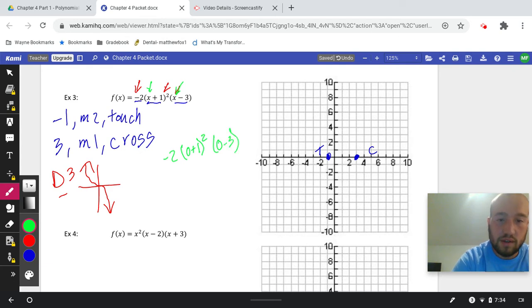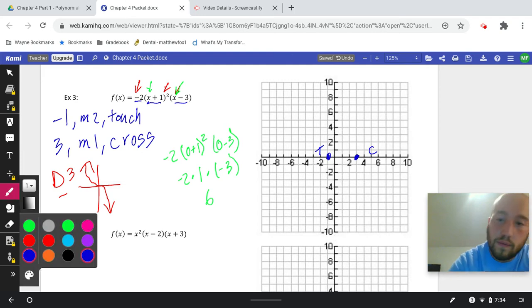We multiply all that. 0 plus 1 is 1, 1 squared is just 1, so -2 times 1 times -3. -2 times 1 gives us -2, times -3 gives us +6.